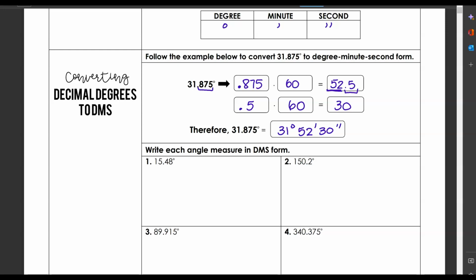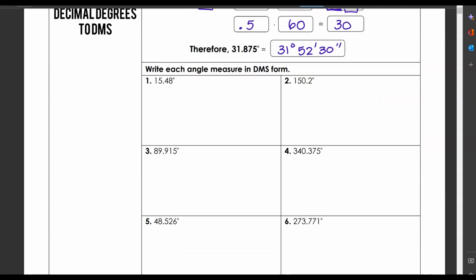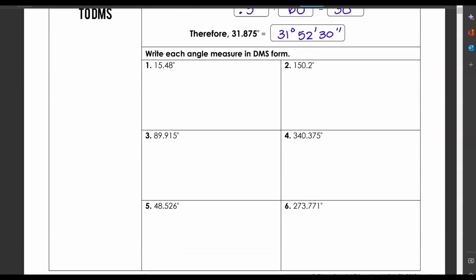All right, let's take a look at this first one here, number 1. Notice here that we have 15.48. So we're going to first start with that decimal 0.48, and we're going to multiply that by 60. Multiplying that by 60, we put that into our handy dandy calculators. We get 28.8.